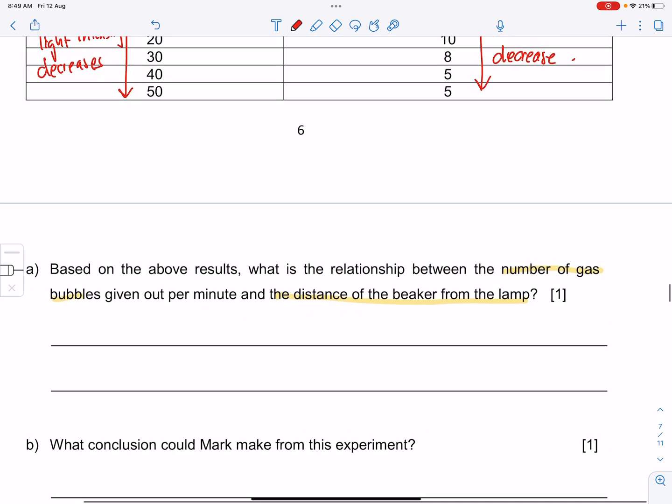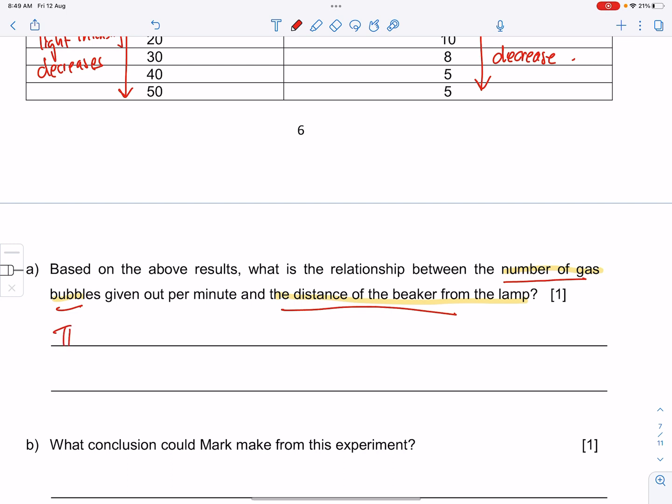So because of that, you should talk about light intensity, no longer distance of lamp already. So you would say as light intensity decreases, the rate of, okay, the number, my apologies, sorry. This one over here, they're talking about number of gas bubbles and distance specifically. So yes, this one you have to follow strictly, okay?